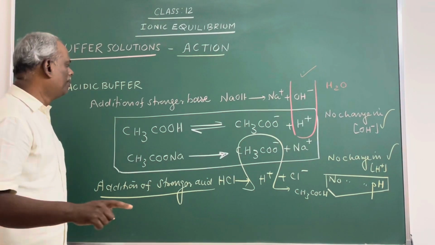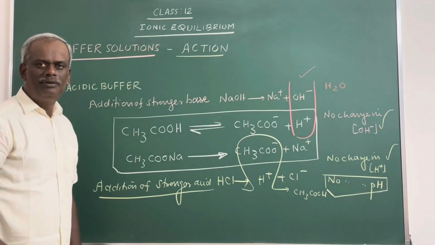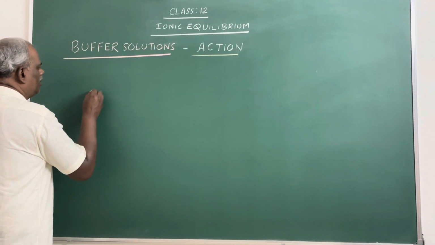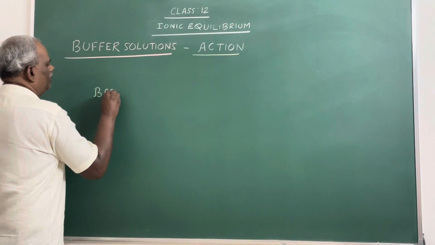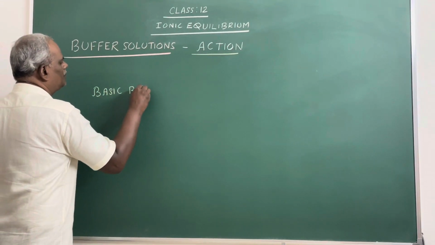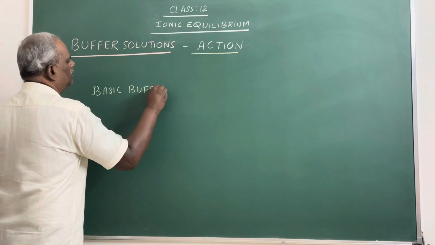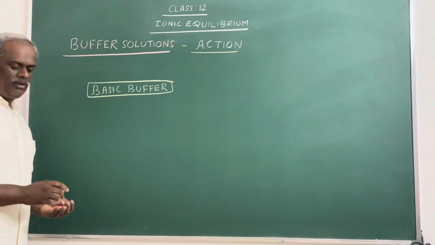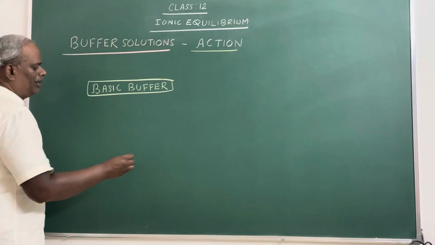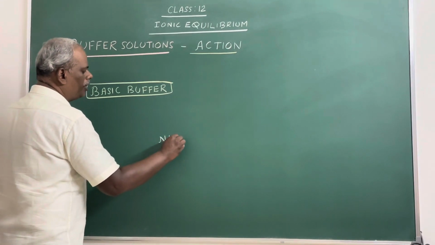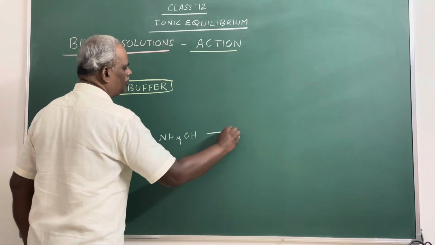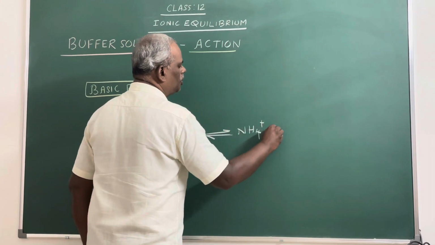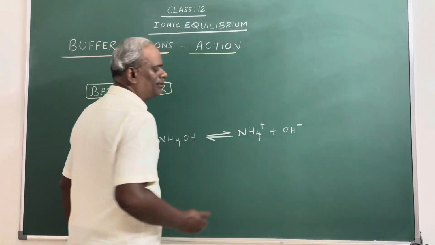Likewise, we have to talk about basic buffer. Buffer action, in which now we are going to talk about the basic buffer. How is the basic buffer solution working? Its action is explained as follows. Consider the basic buffer is a mixture constituting ammonium hydroxide, NH4OH, a weaker base partially dissociated to form NH4 plus and OH minus.